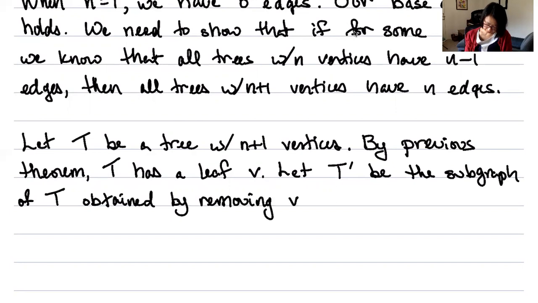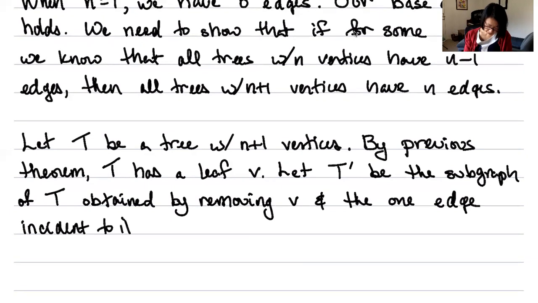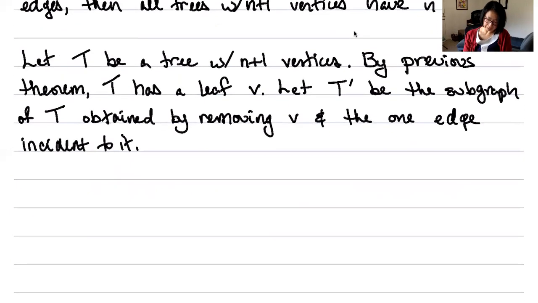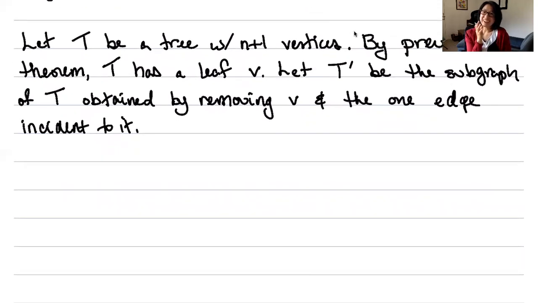Because we're removing a vertex of degree 1, we can really control what goes on when we remove it. We know we're only removing one edge, and we'll know some things that have to be true about the rest of the graph.